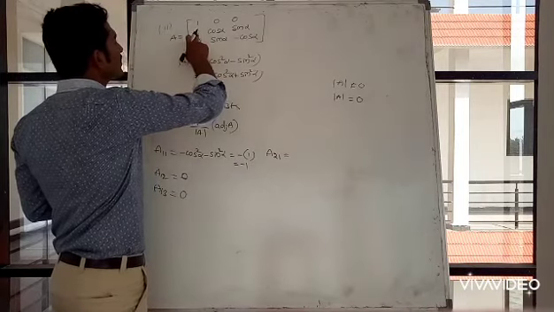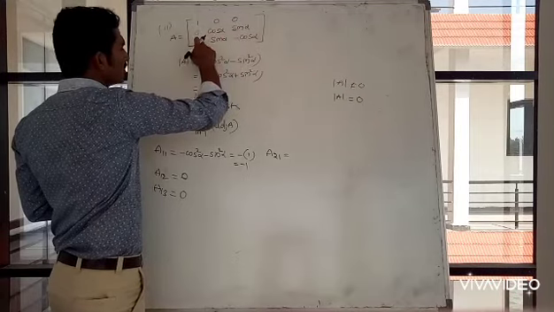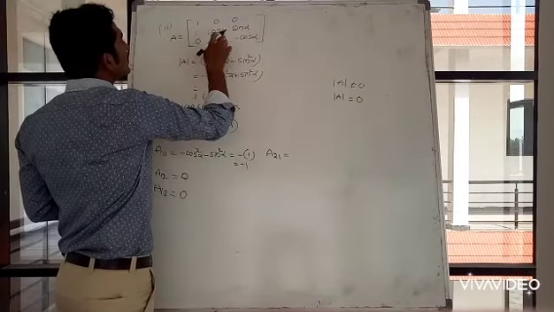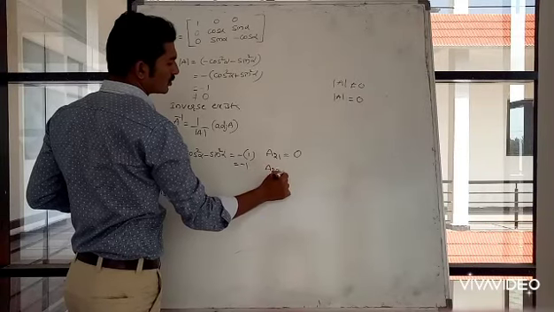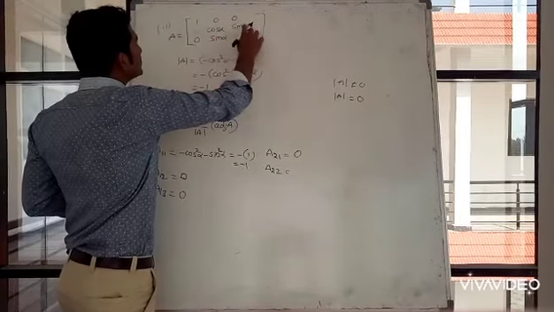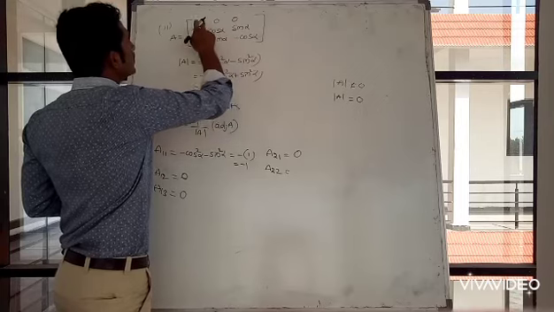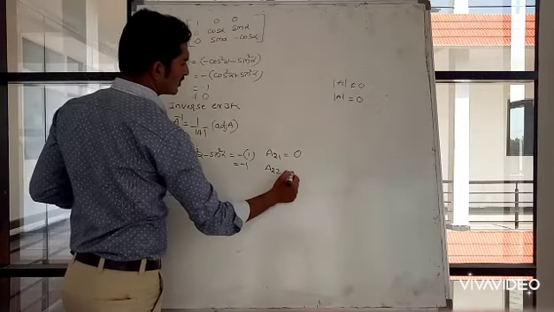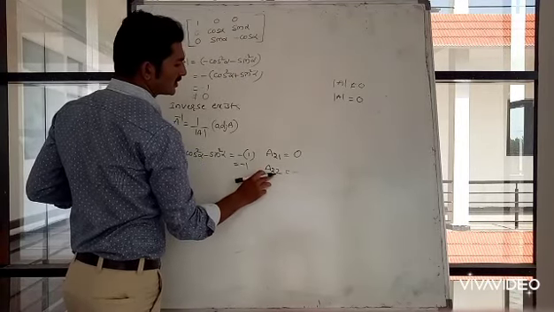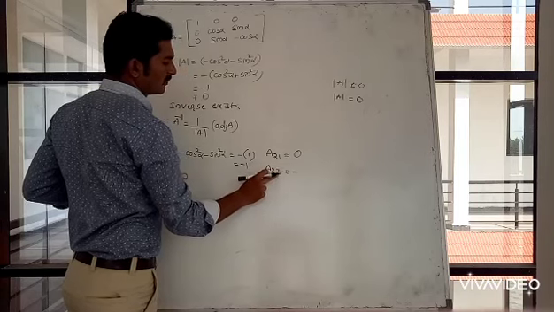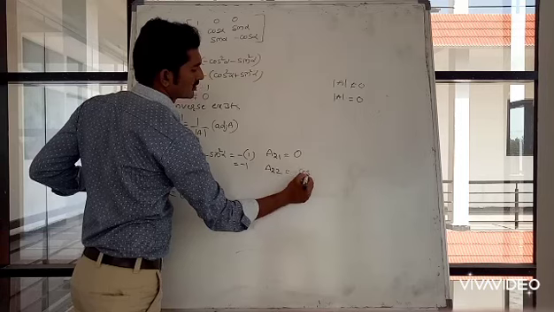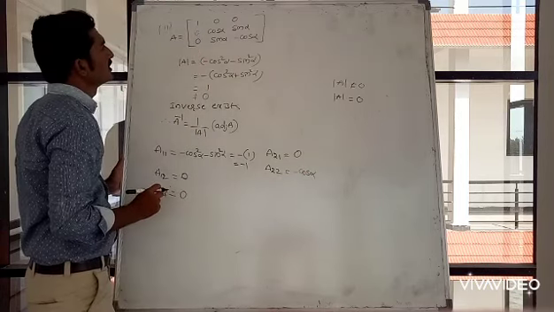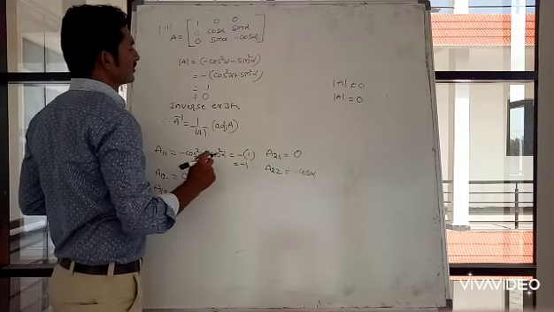Next, A21: leave this row and column, again we get 0. A22: leave this row and column, we get minus cos alpha. The outside minus will not come because 2 plus 2 is even, so after multiplication only minus cos alpha comes.